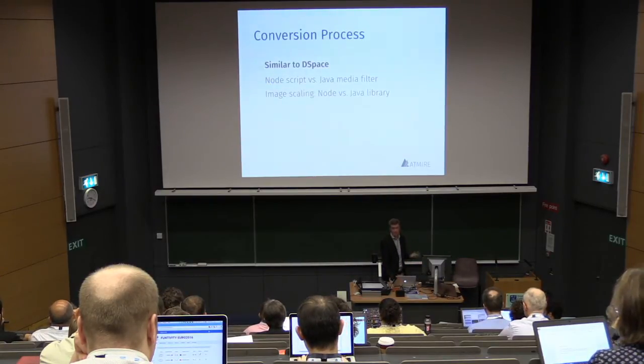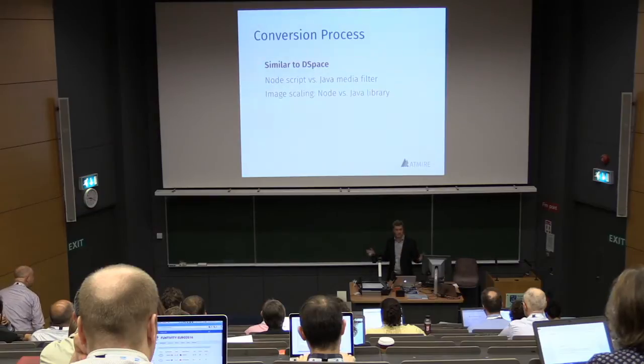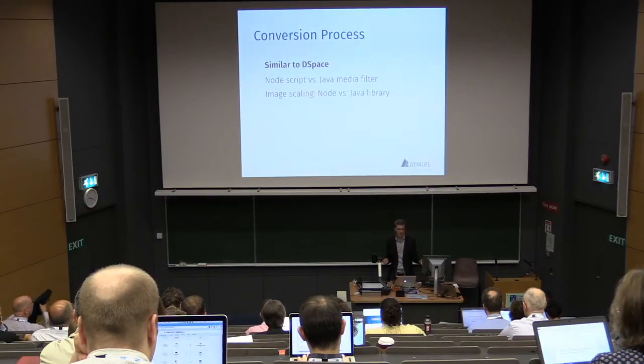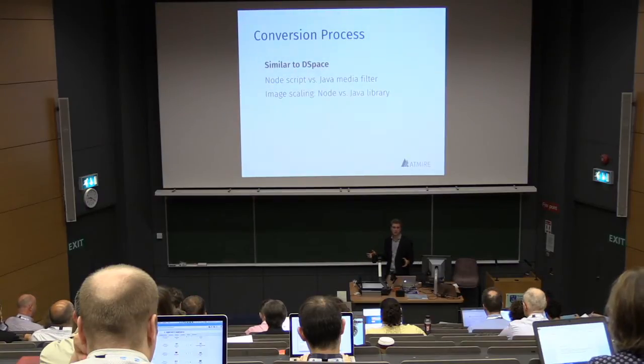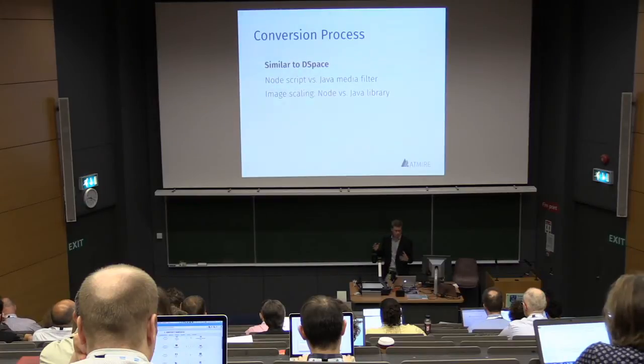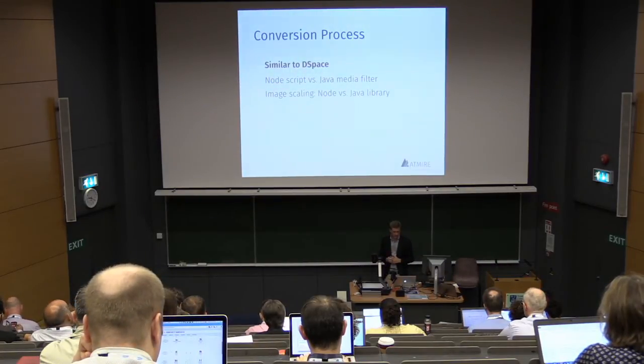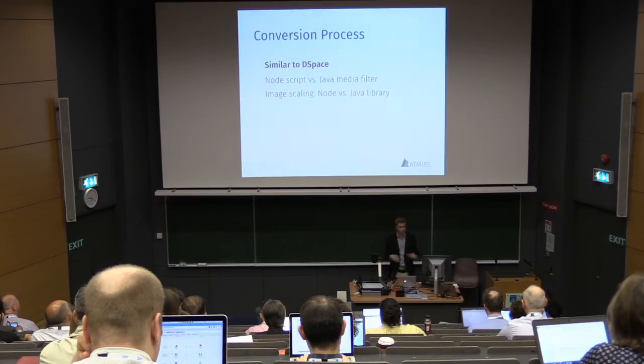And in terms of conversion process, this is really the same as what would happen in DSpace. It uses the same steps, but of course there are some small differences. For example, if we take the example of our Node.js server, of course we can't use Image Scaler, our Java library, to rescale our images, because we're on a Node server.